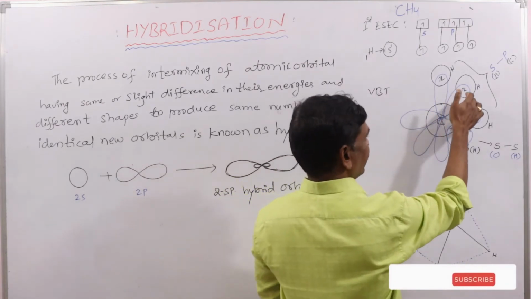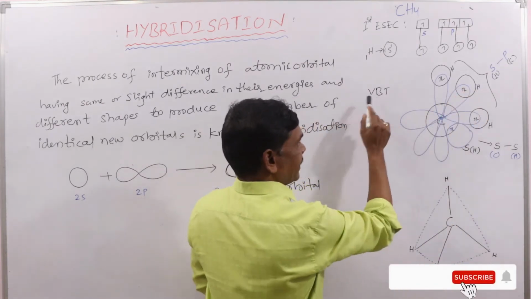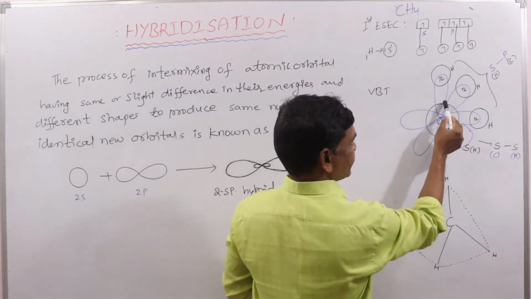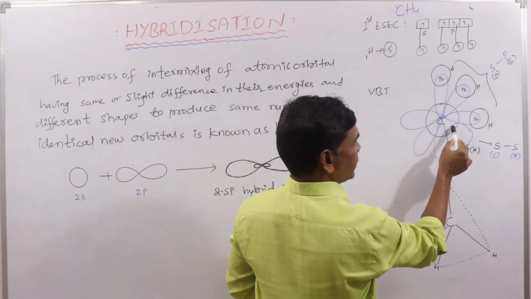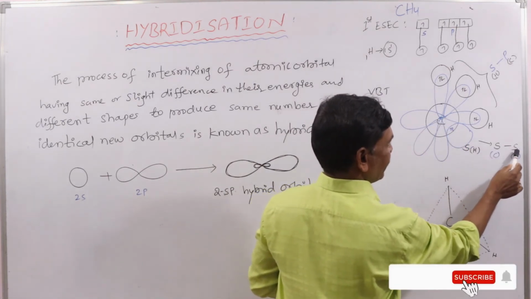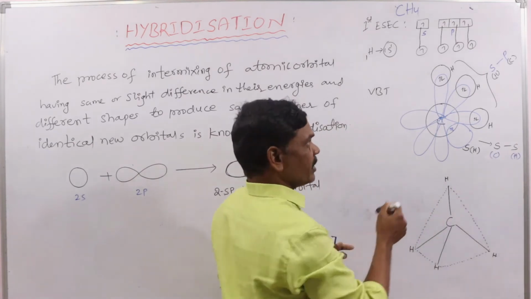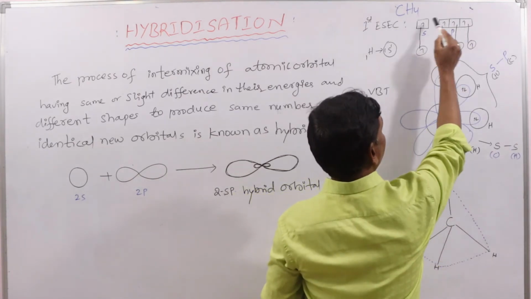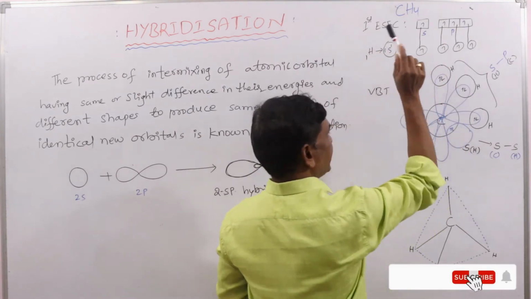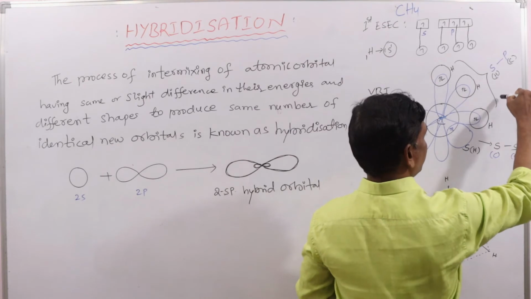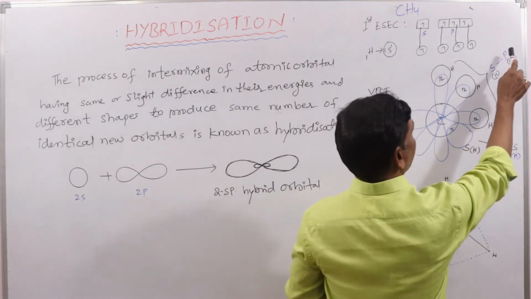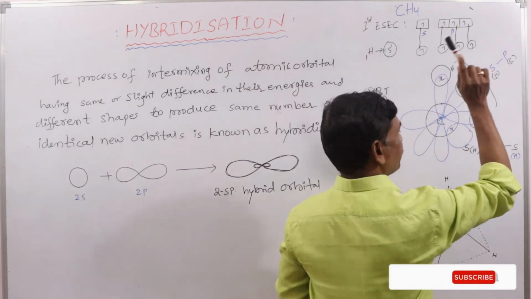Now in the formation of the methane molecule according to VBT, this is the s orbital of hydrogen and this is the s orbital of carbon. Between overlapping of these two orbitals, formation of a bond takes place, the first one, and the remaining 3 p orbitals of carbon overlap with s orbitals of hydrogen. So these 3 bonds are formed between s orbitals of hydrogen and p orbitals of carbon.